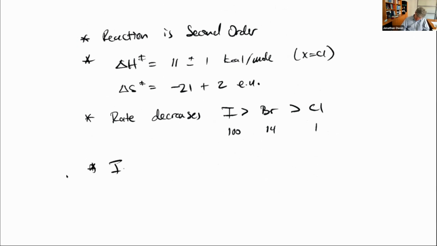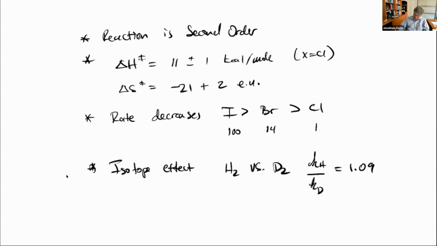There's an isotope effect. What's an isotope effect? This is comparing the kinetics for H2 versus D2. And what they find is that there is a kH/kD of 1.09. And what that means, hydrogen and deuterium have different bond energies for vibrational reasons that we're not going to get involved in.